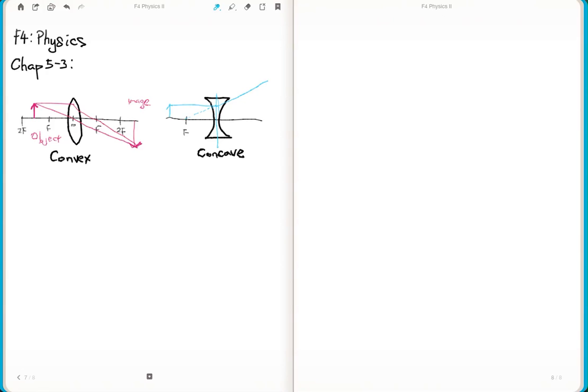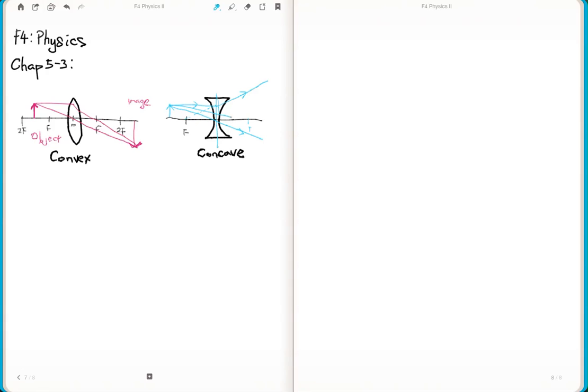Parallel to it, then it will focus at the focal point on the same side as the object. It will pass through the origin, then it will just pass straight through. This is the ray diagram, how you normally draw it. And of course, there's another F here. Then we focus at F.